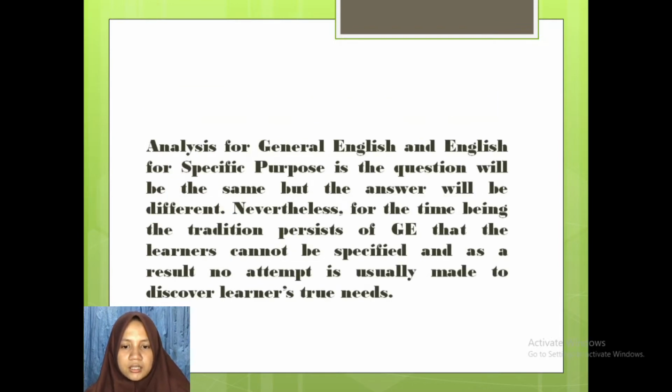For general English and English for specific purpose the question will be the same, but the answer will be different. Nevertheless, for the time being, the tradition persists in GE that the learners cannot be specific, and as a result, no attempt is usually made to discover learners' true needs.